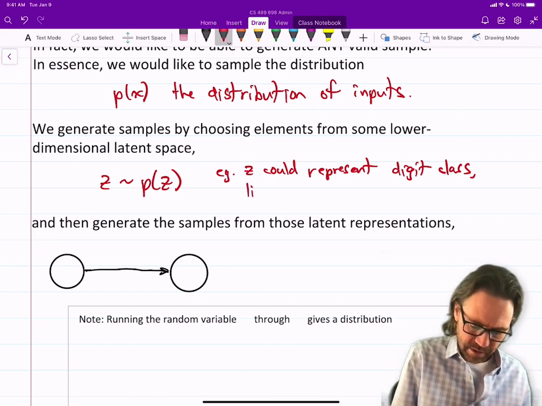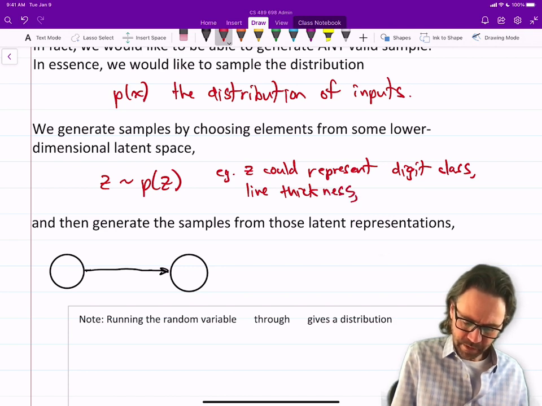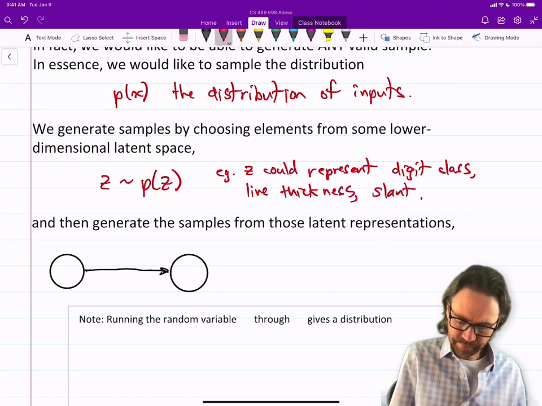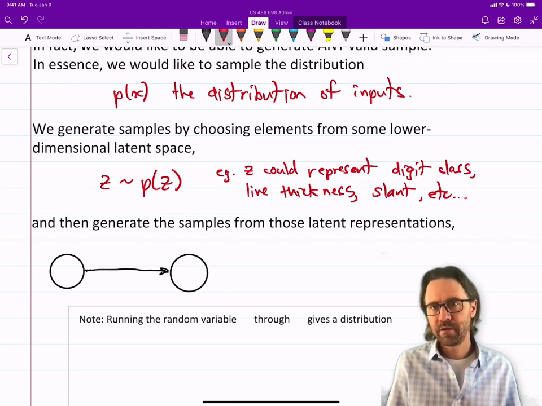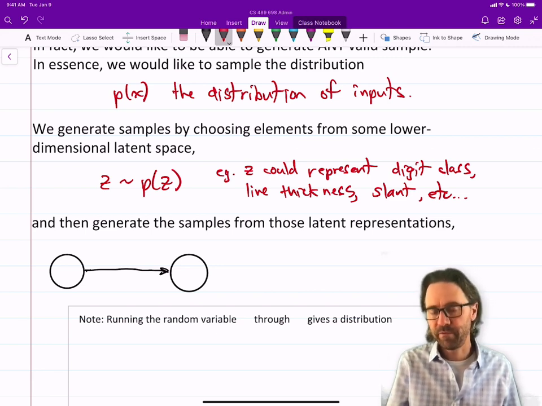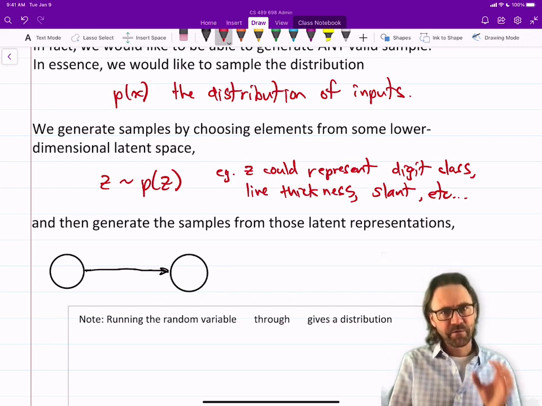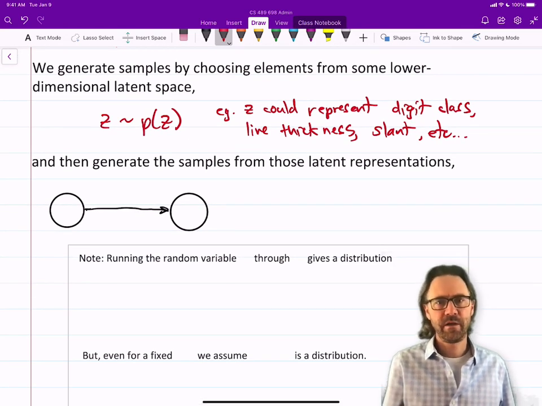It could also be line thickness, slant, and all sorts of other features that would specify particular samples of the MNIST or some other samples that we haven't written before.